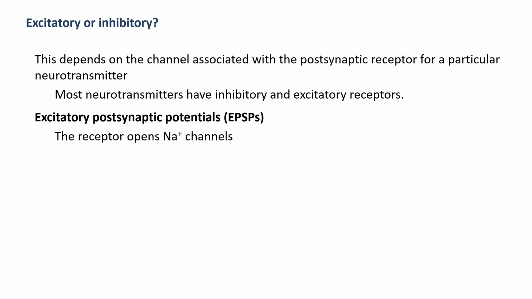So, excitatory postsynaptic potentials, the receptor that the neurotransmitter binds to opens sodium channels. And as we know, sodium always influxes. Sodium influxes, it gives us a local area of depolarization. So this is an excitatory postsynaptic potential or an excitatory graded potential.